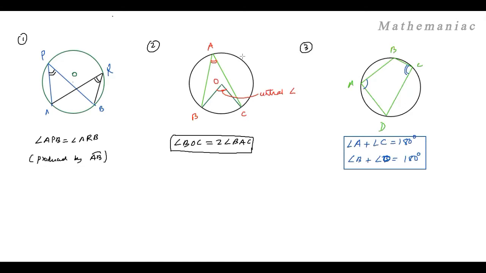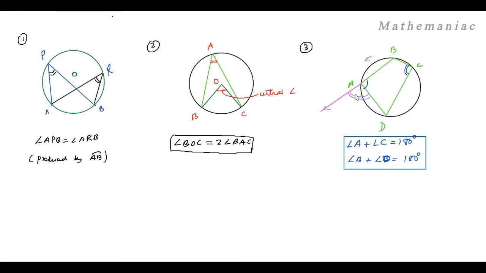Now I want to extend this figure only so that I can go for another property. So in case of a cyclic quadrilateral, if you construct an exterior angle, suppose this is the exterior angle you have constructed, just by producing the side BA in this direction, then what will happen?